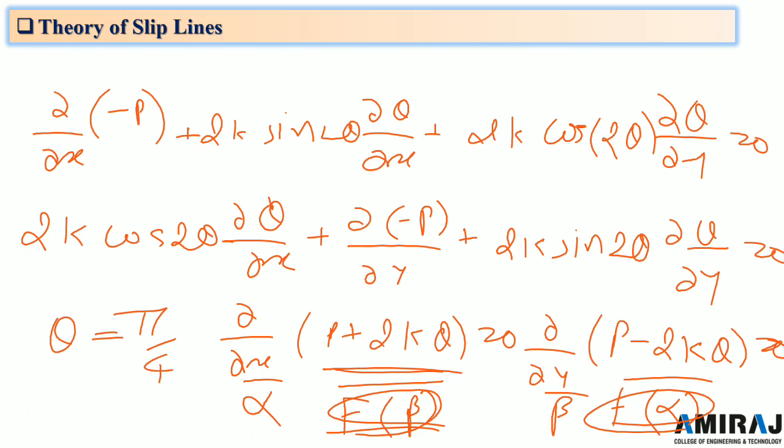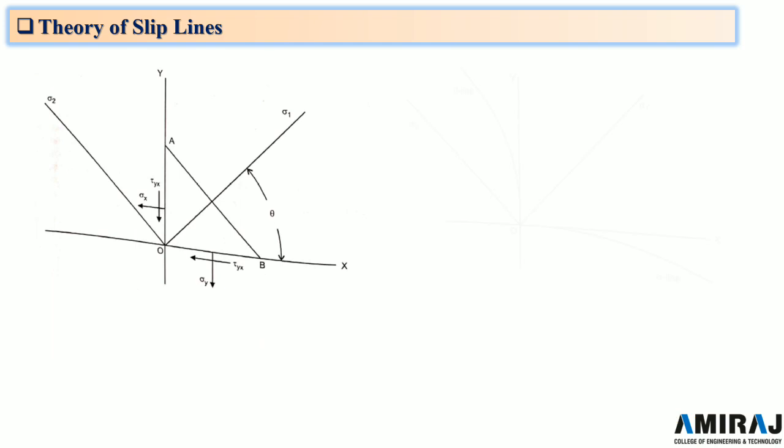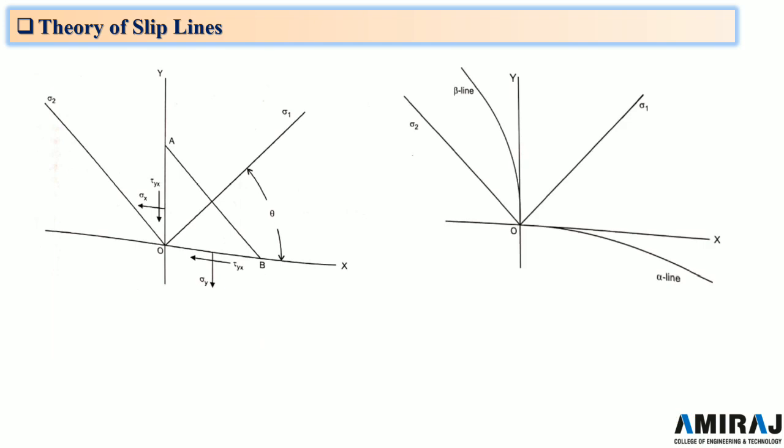And these equations are called Hencky's stress equations, and they were first derived in the year 1923. The directions of the alpha and beta lines can be shown in the figure. This is the alpha line and this one is the beta line.